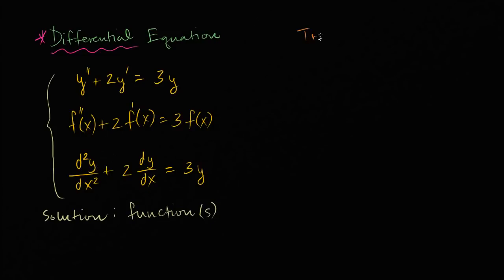So a traditional equation, maybe I shouldn't say traditional equation. Differential equations have been around for a while. So let me write this as maybe an algebraic equation that you're familiar with. An algebraic equation might look something like, and I'll just write a simple quadratic, say x squared plus 3x plus 2 is equal to 0.